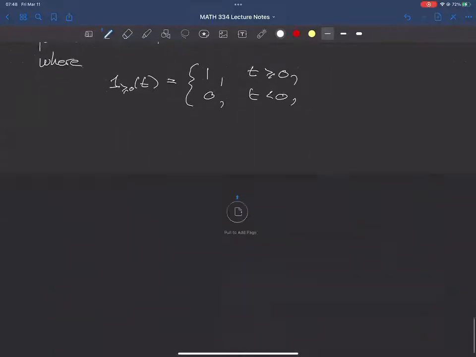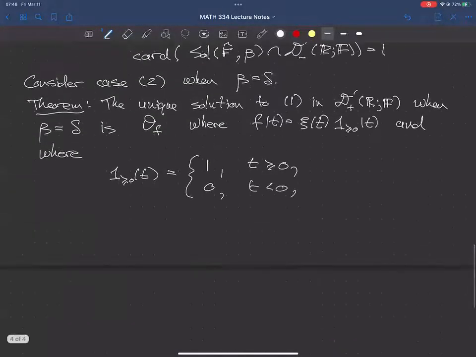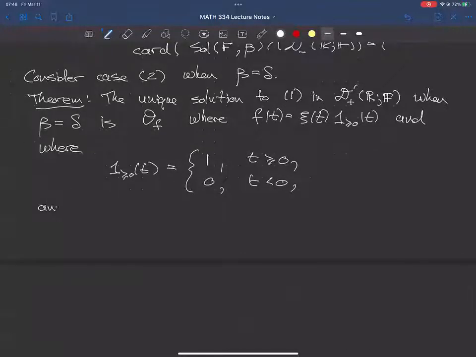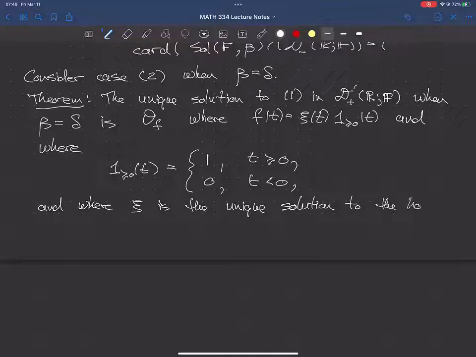And so what's c? c is the unique solution to the homogeneous ODE.